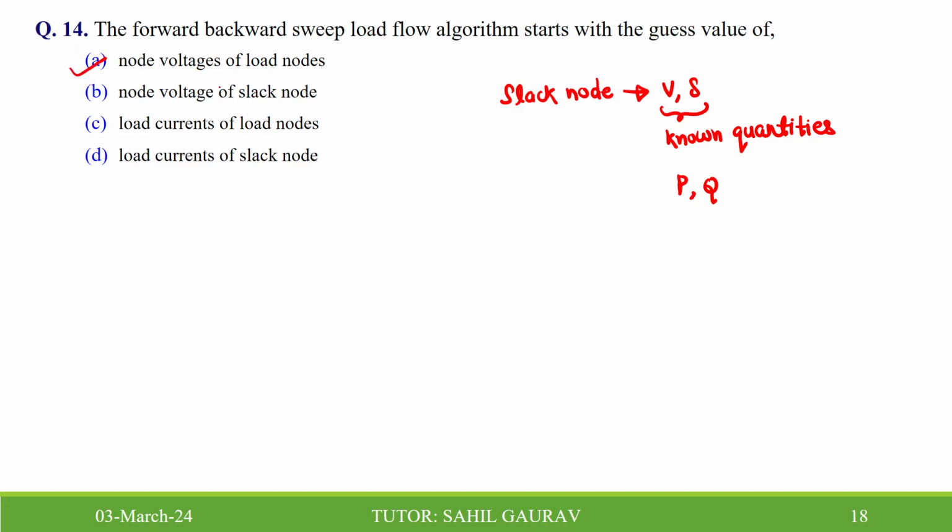The slack node is defined, so we don't take any guess value for it. We take the guess value at the load nodes, and in subsequent iterations, based on the termination criteria, you will get the final answer for the node voltages at the load nodes. So in this problem, A is the correct answer.